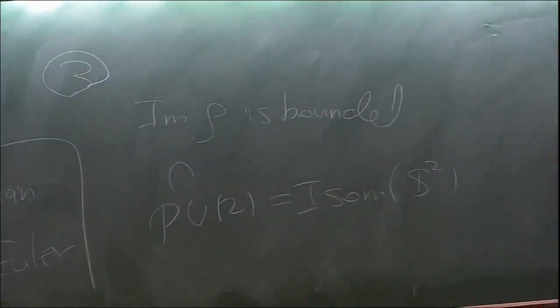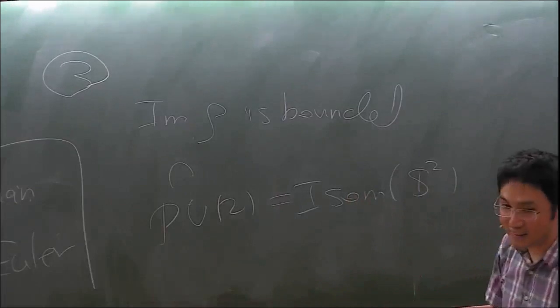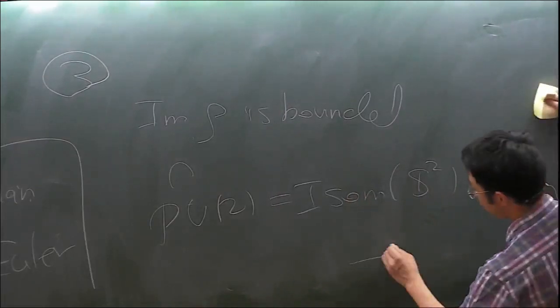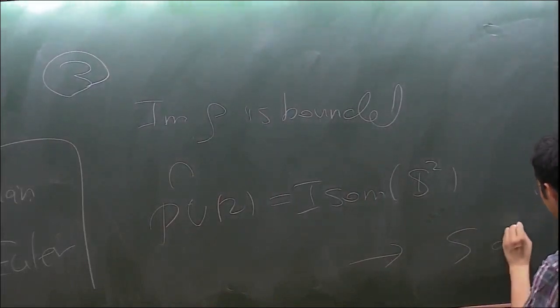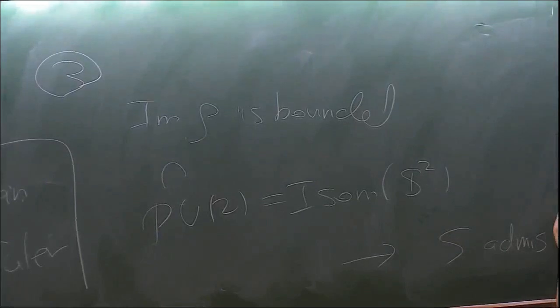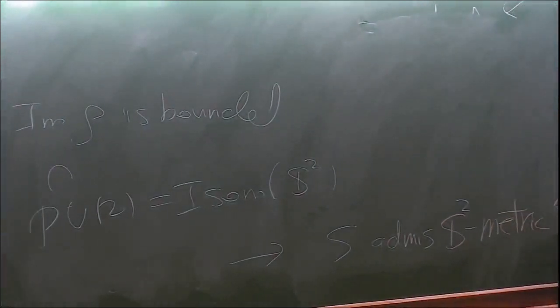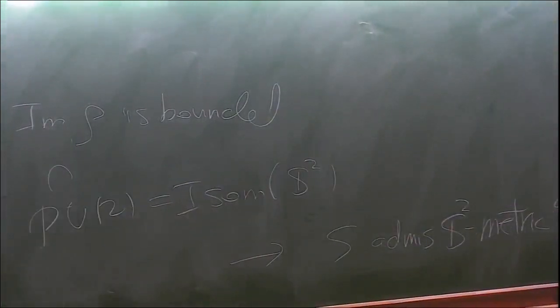Then you can pull back the spherical metric to the domain S, and then you can again reduce to a contradiction, without removing any points. Okay.